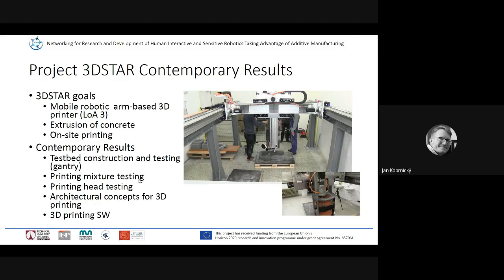During this operation, we can also test 3D printing software, which is necessary for processing all the 3D data from objects to transfer them to the machine.